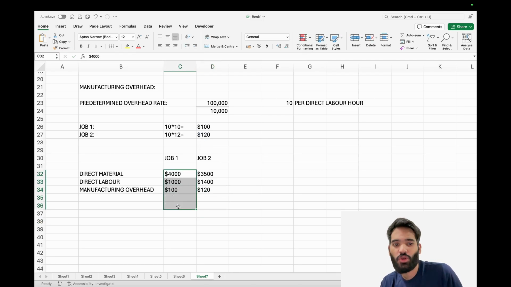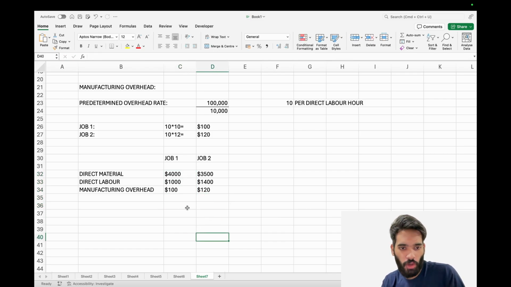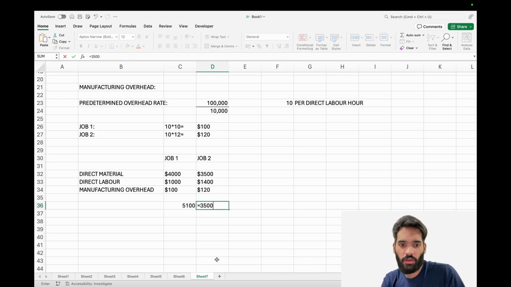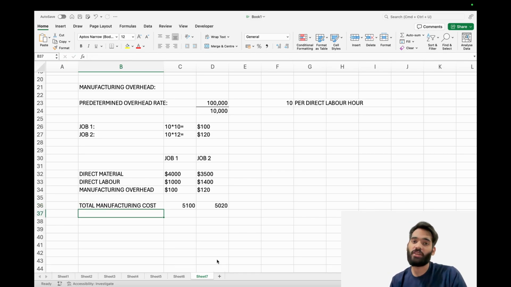Now if we do the totals, we find the total manufacturing cost of each job. So 4,000 plus 1,000 plus 100, and for this one, 3,500 plus 1,400 plus 120. That's how you solve a job costing question to find the total manufacturing cost. The purpose is so I can give the accurate price to the customer. Once I know how much it will cost me to complete the job, I can add some profit and then quote the price.